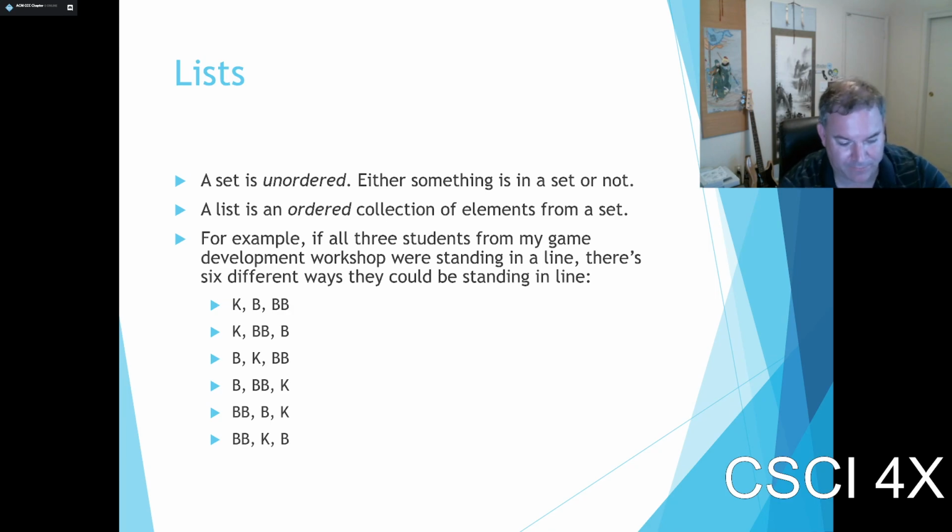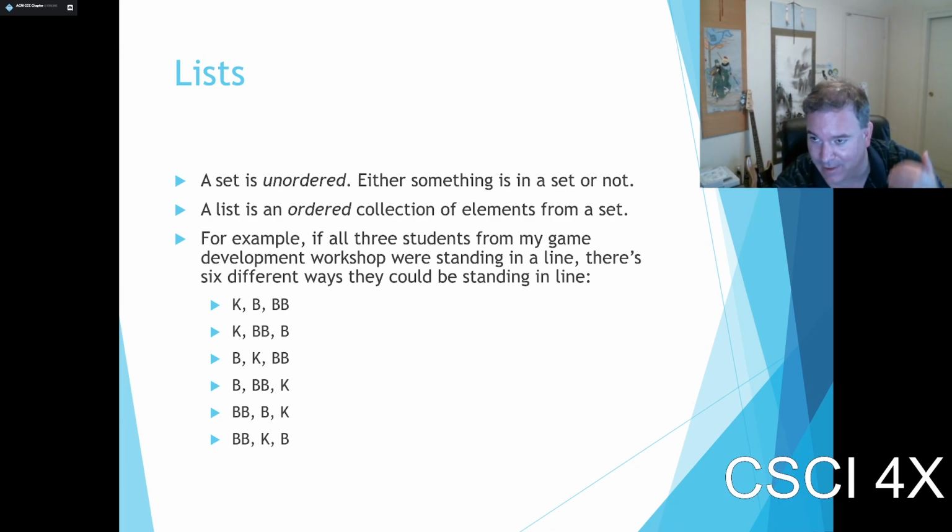So, for example, if you go to a line at a movie theater, back before there was a pandemic, people would all be sitting in line, right? And the teller would call forward the first person from the line, right? That's a list. Everybody is in order. Whereas a mob of people all standing around chaotically, that would be a set, right?